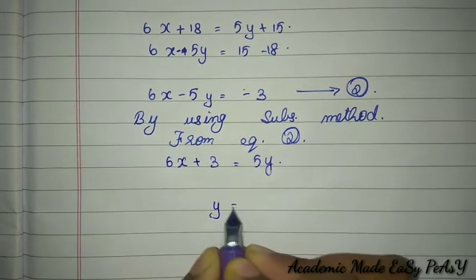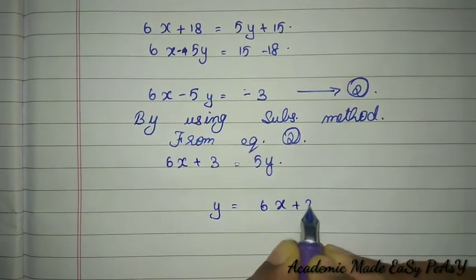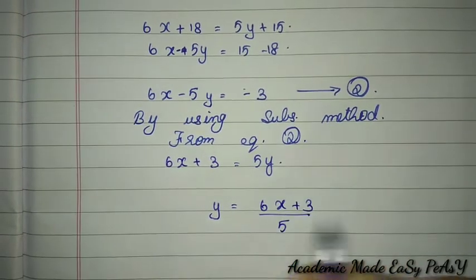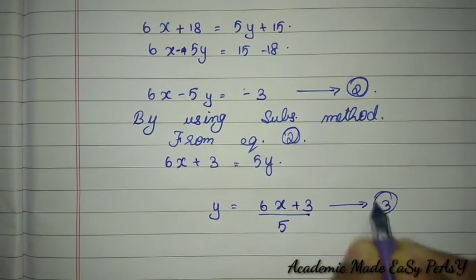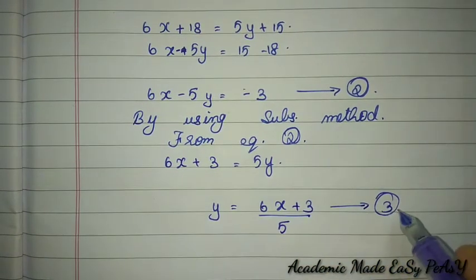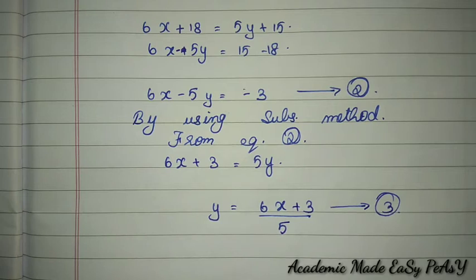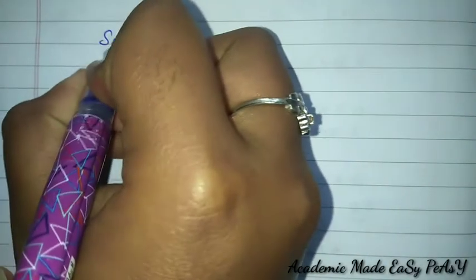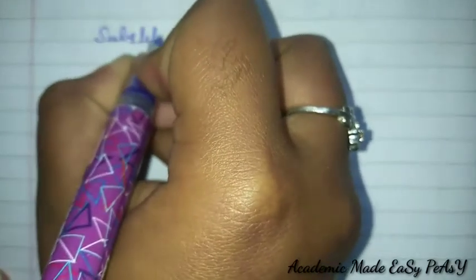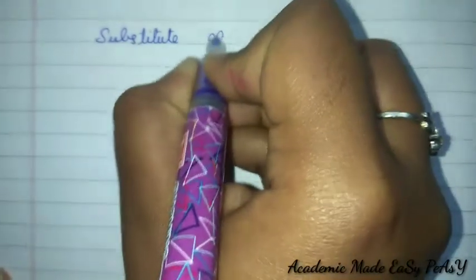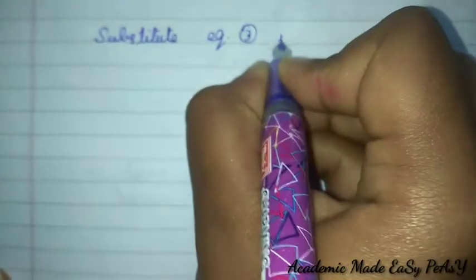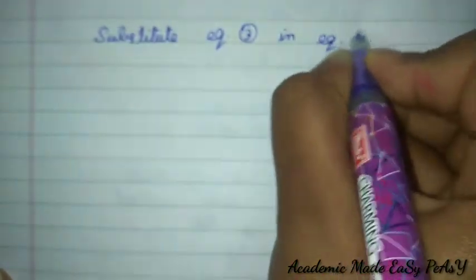So my y is equal to 6x plus 3 divided by 5. Let me have this as equation 3. So now I will be substituting equation 3 in equation 1.